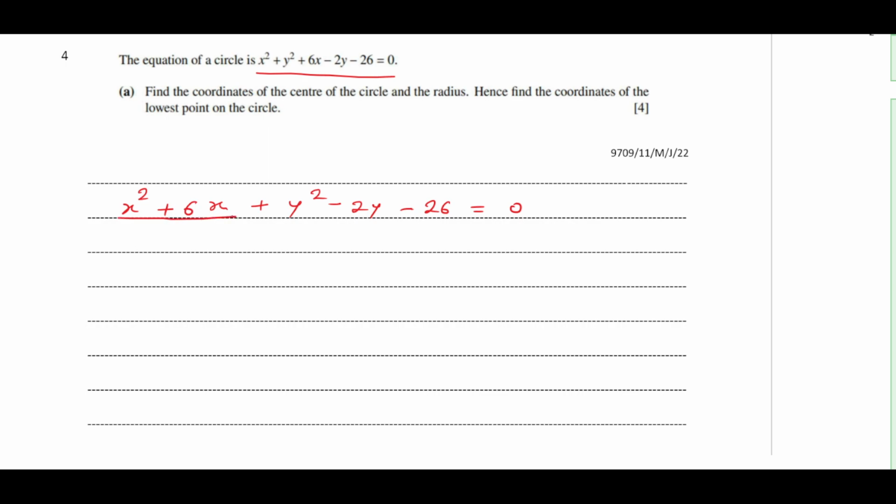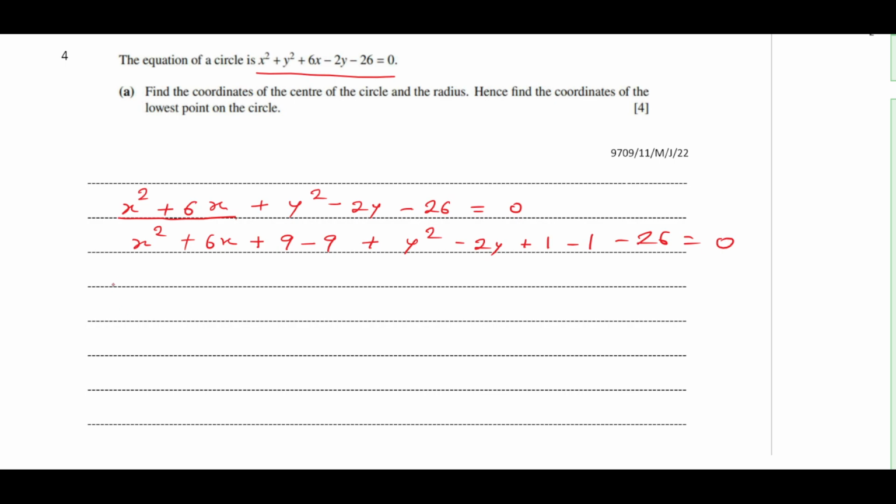So these two terms I will make a perfect square. So for that it will be x square plus 6x. I will add the square of half of this middle term. So square of 3, which is 9. I will add 9, subtract 9. Similarly here y square minus 2y. Therefore I will add 1, subtract 1, and then minus 26 is already there.